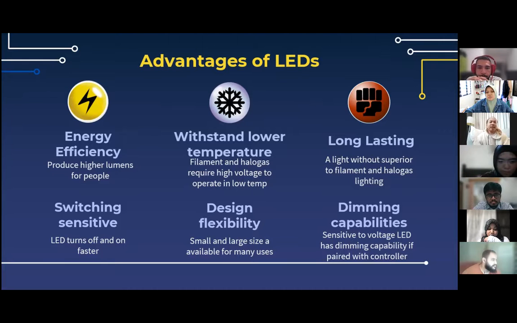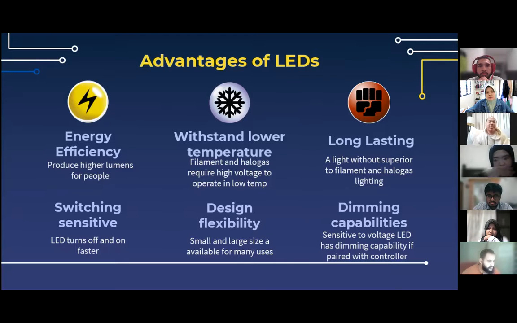So LED works perfectly in normal parameters compared to other lights, because filament and halo gas require high voltage to operate in lower temperature.